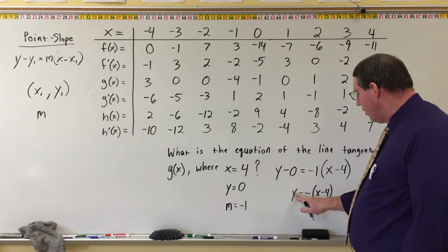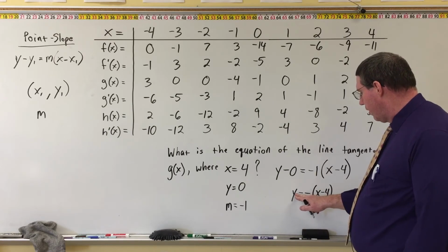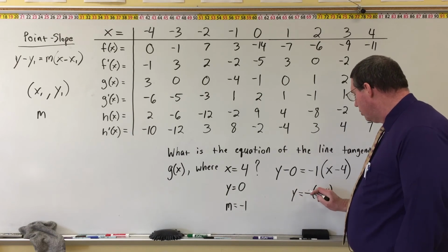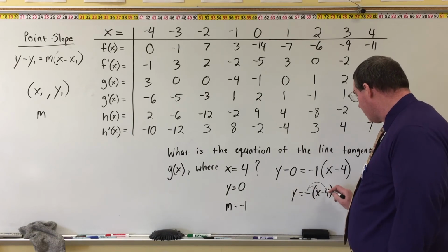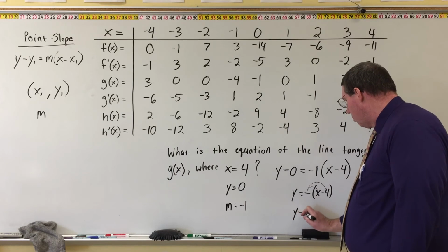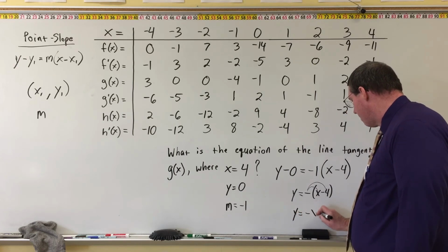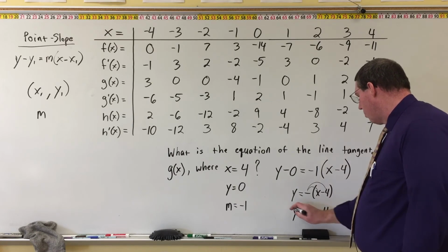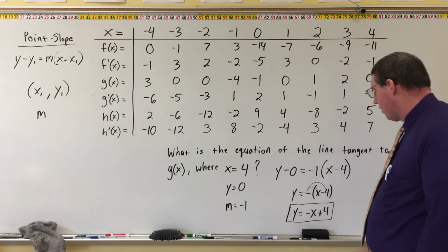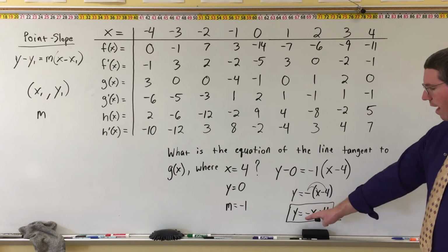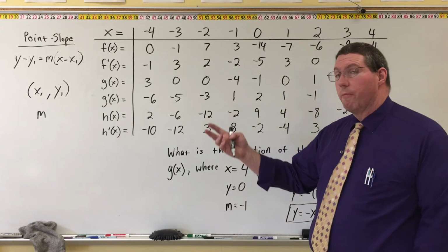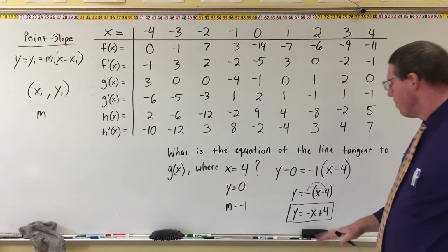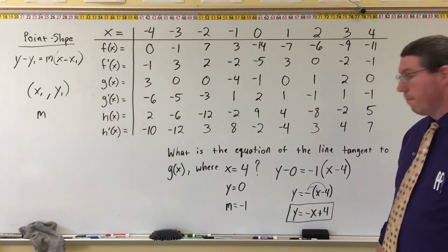And also, since we don't have a term over here, we could distribute the negative to the x and the -4, and it would become y is equal to -x, and then negative distributed to -4 would become +4. And so we wind up with y is equal to -x plus 4. And now this actually is no longer in point-slope form, although technically it kind of is. This is now slope-intercept form, okay?